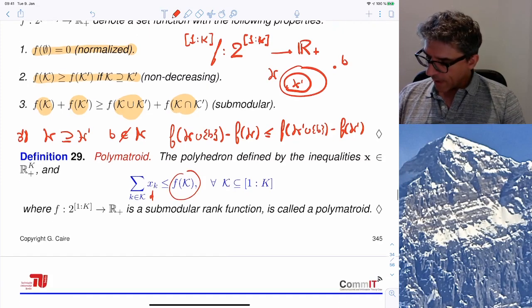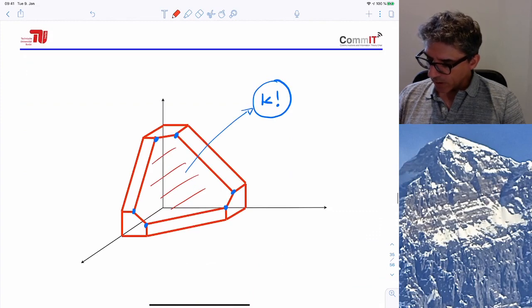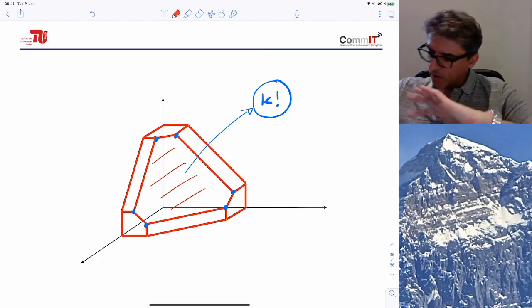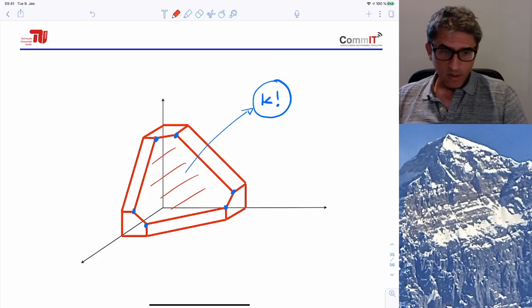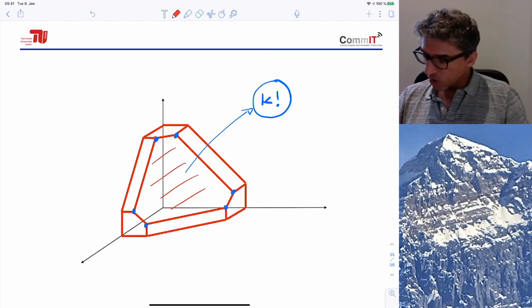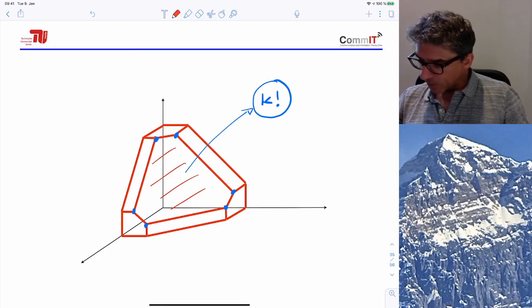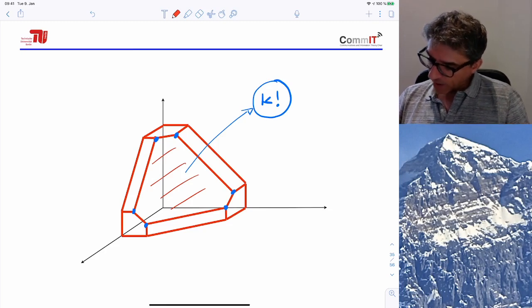Okay? And the shape of a polymatroid is always like this. You may stretch it, you can deform it, but essentially the shape of a polymatroid is this sort of polytope that looks like a diamond, and when you project this on every dimension, for example, you always see this pentagon.